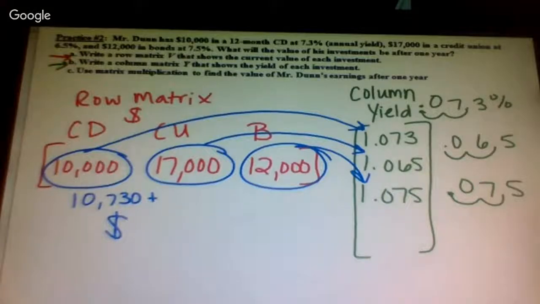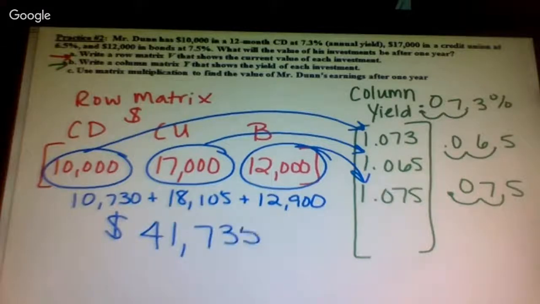We can do it separately. 18,105. And 12,900. Okay, so if we put that all together, we get what? 41,735.